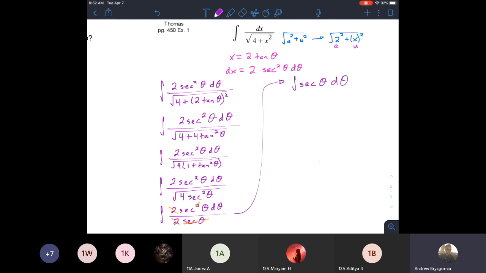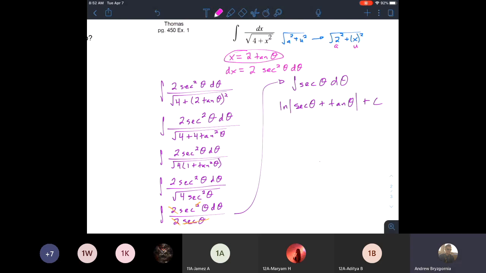Ugh, whatever. Okay. Now the good news is that this here is very easy to integrate. We just on the first slide saw that this is going to become natural log of secant plus tangent. And for this question, we are going to need a reference triangle as well.